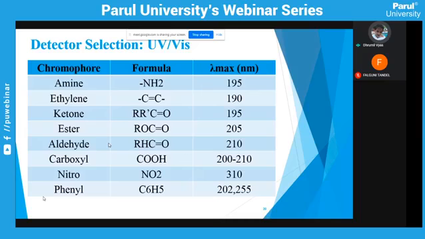Similarly, ethylene has a lambda max of 190, ketone 195, ester 205, aldehyde 210, phenyl 202 and 255, while nitro has 310.